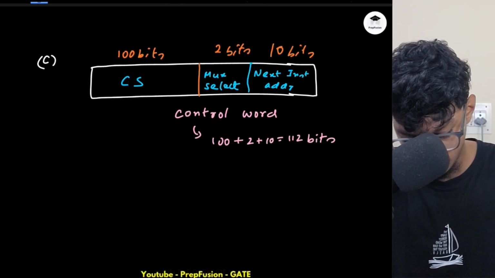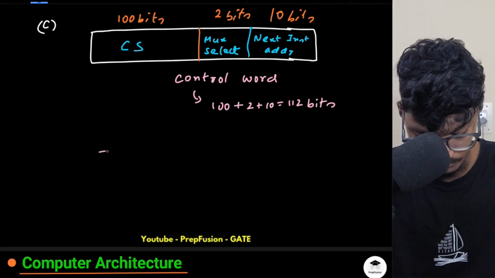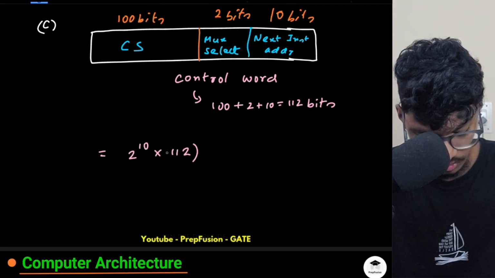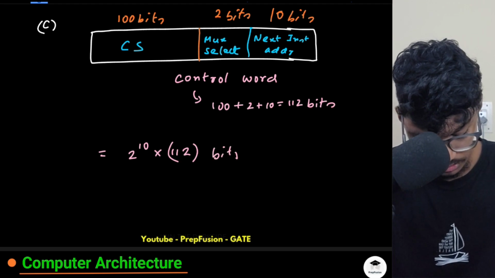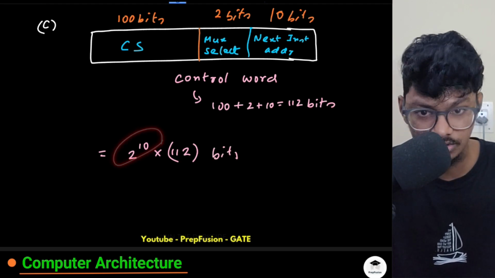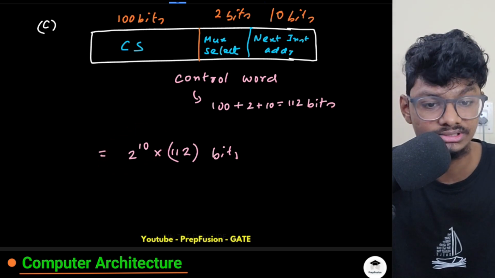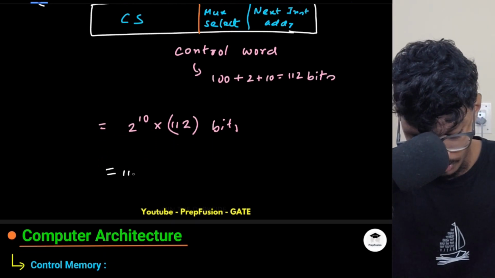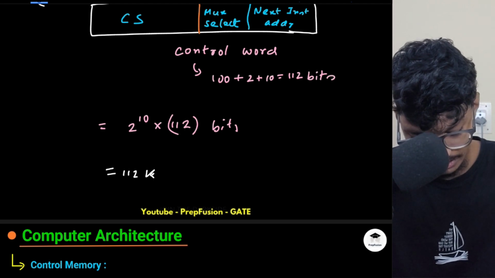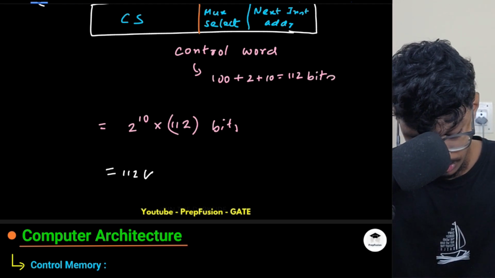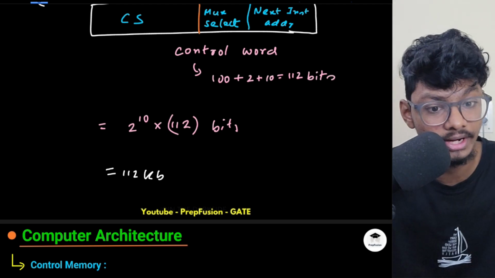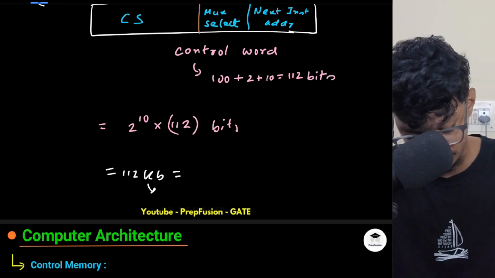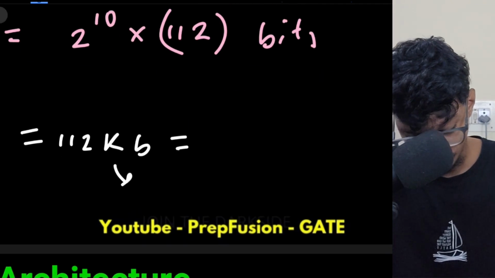So 2 raised to power 10 into each control word's bits, and this is in bits. This is almost equal to K, which in computers is defined as K. So this will be equal to 112 Kb, small b. Now if I want to write it in terms of bytes, how will I write it? Small b means kilobits, not kilobytes.